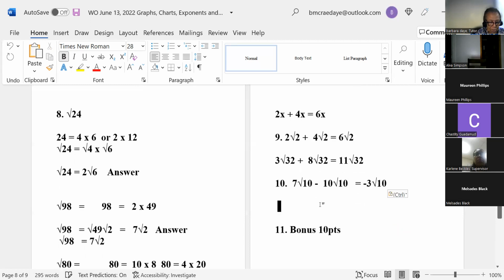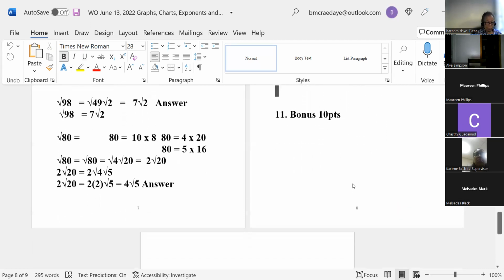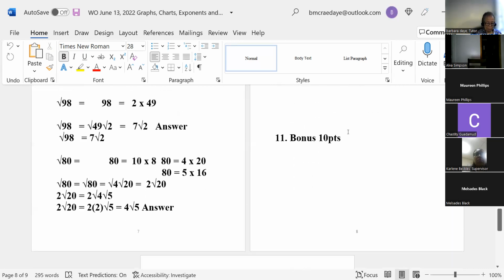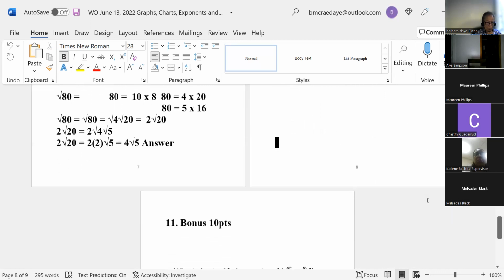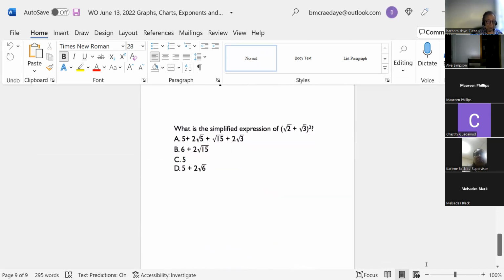Now, the bonus 10 points, let's see. Let me bring this down. Now, how do you think you would solve this problem? What is the simplified expression of square root of 2 plus square root of 3, squared?